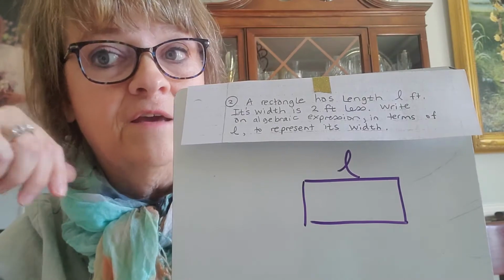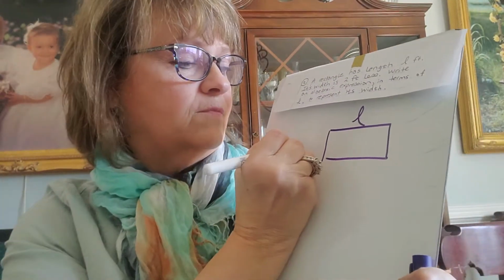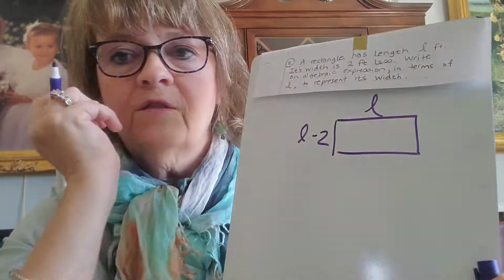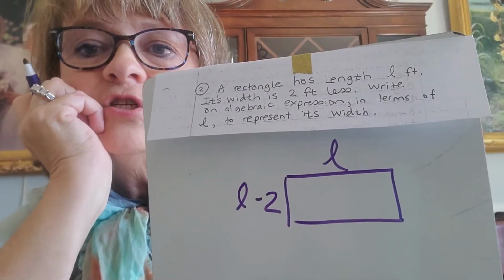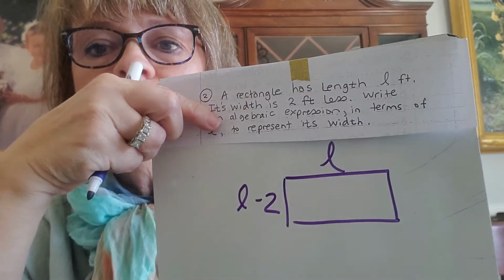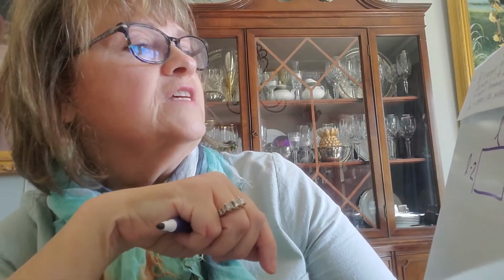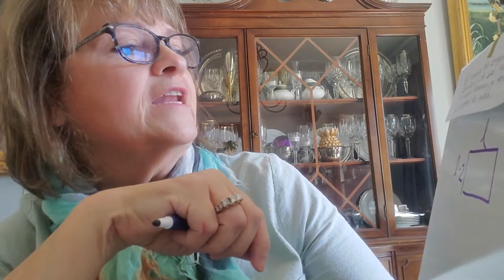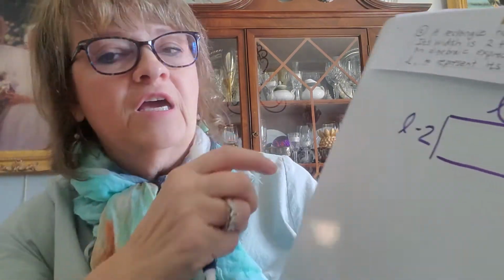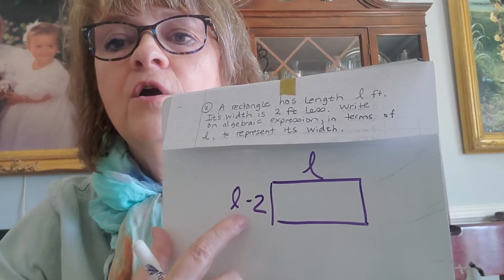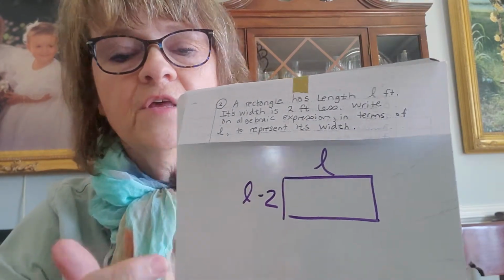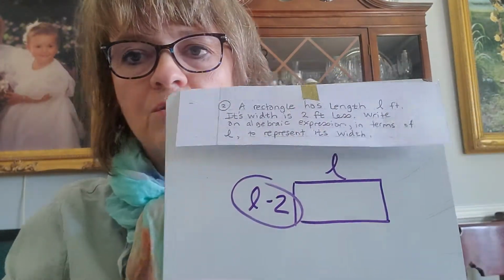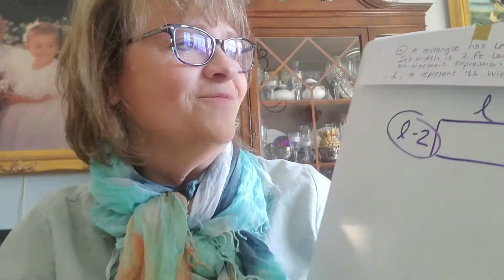If you're thinking L minus 2, then you're right. L minus 2. Length, take away 2. All right, so let's see if we answered the question. It says, write an algebraic expression in terms of L to describe its width. So this is the answer right there. Okay, good. Let's do another one.